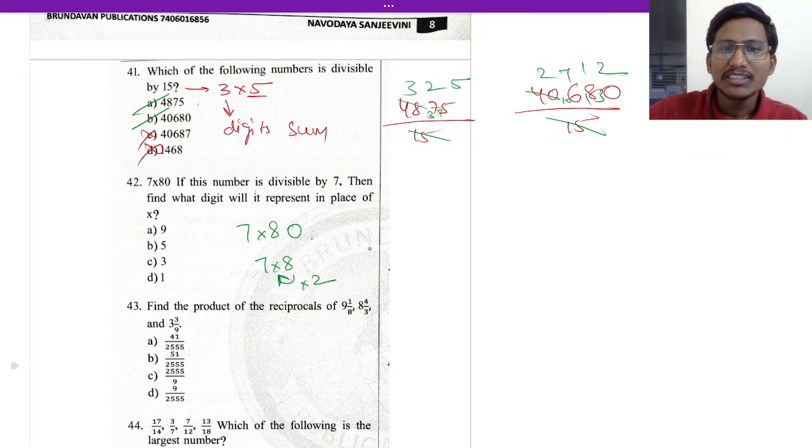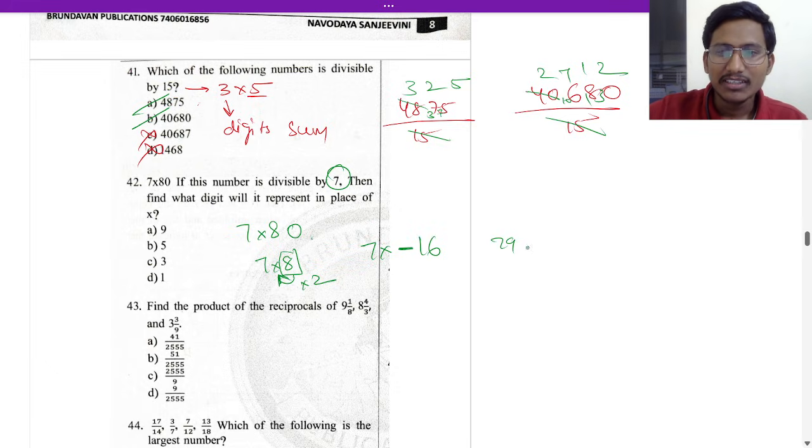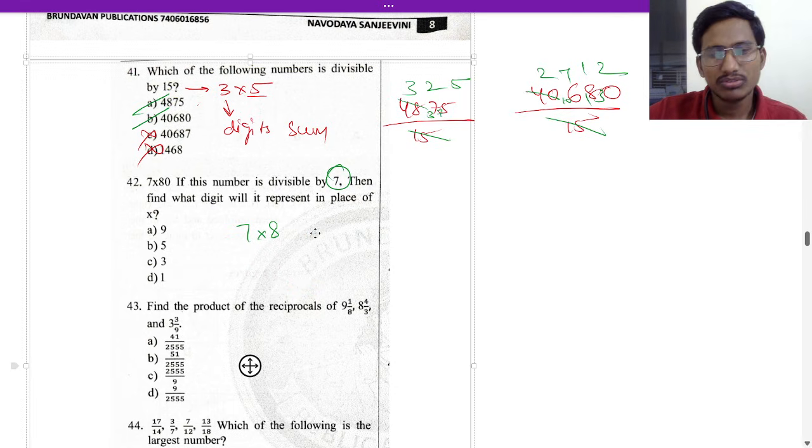The last digit is 8 here, 8 2s are 16. So 7x minus 16 we have to subtract, and then you will get the answer as divisible by 7. You can go easily, better to go with division instead of that, because for the 0 you will leave it.